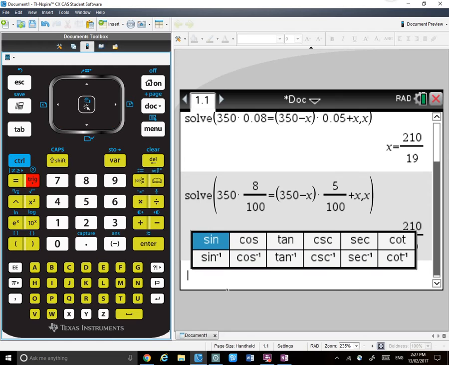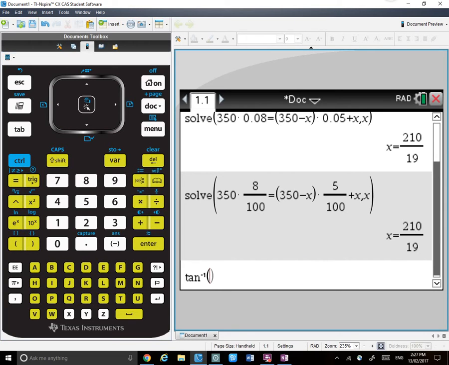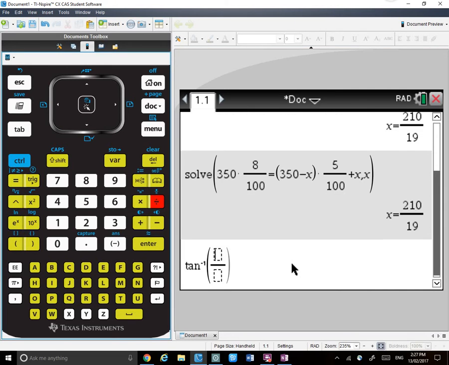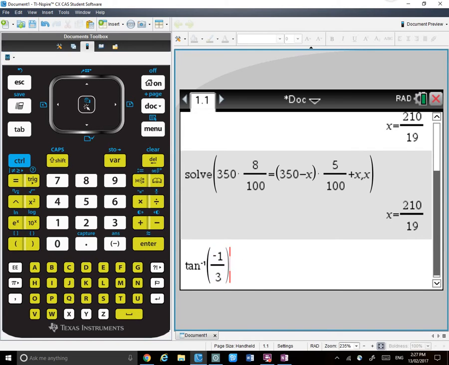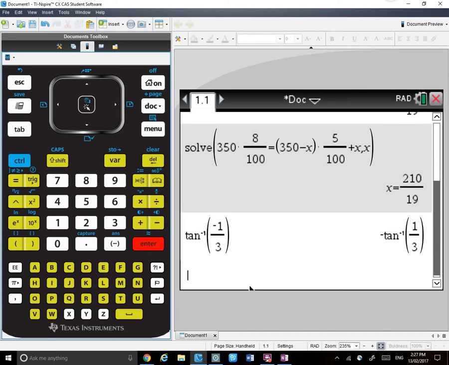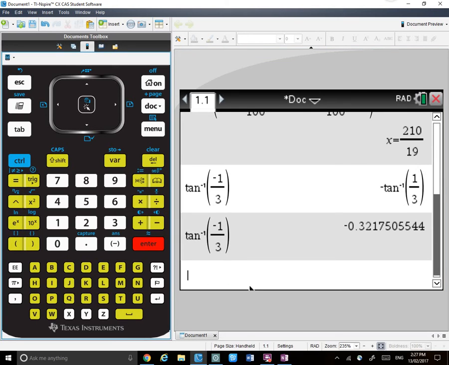But what I will do is tangent inverse. The value is negative a third. I'll press enter. Control and enter give me the approximation value. Okay, so this is in radian form.